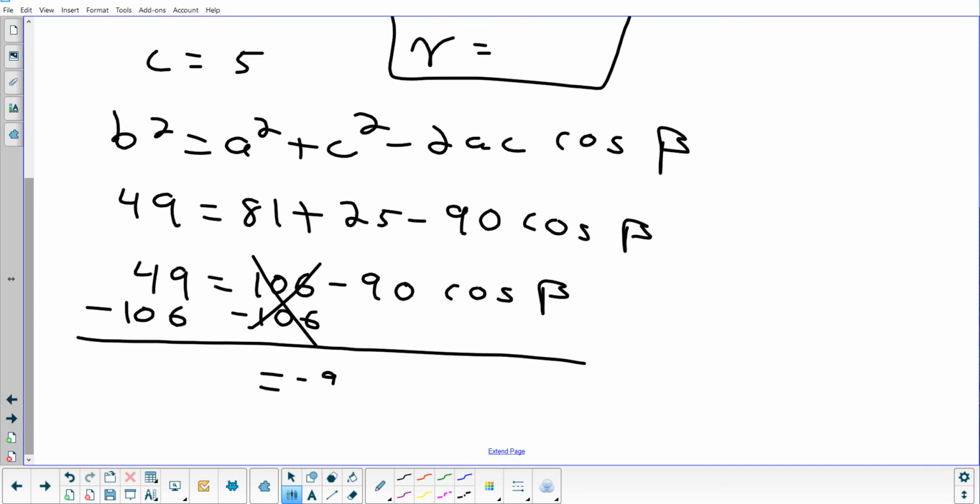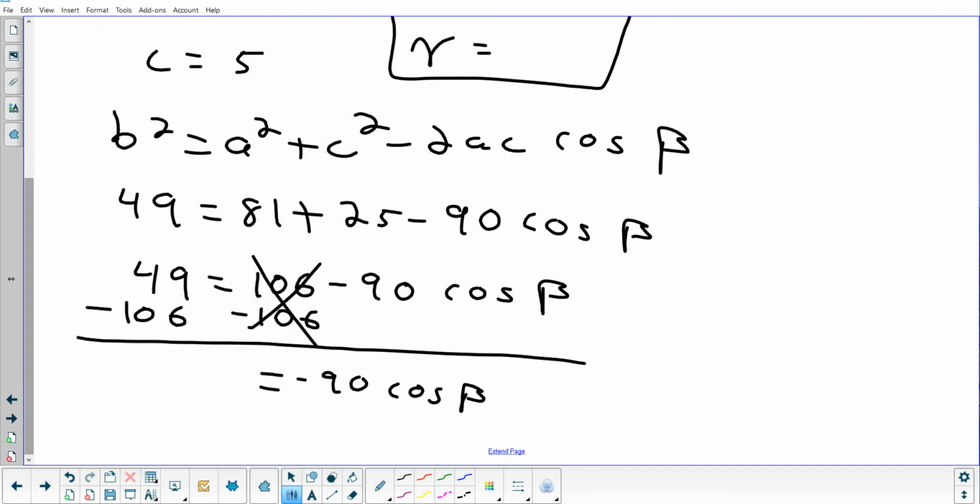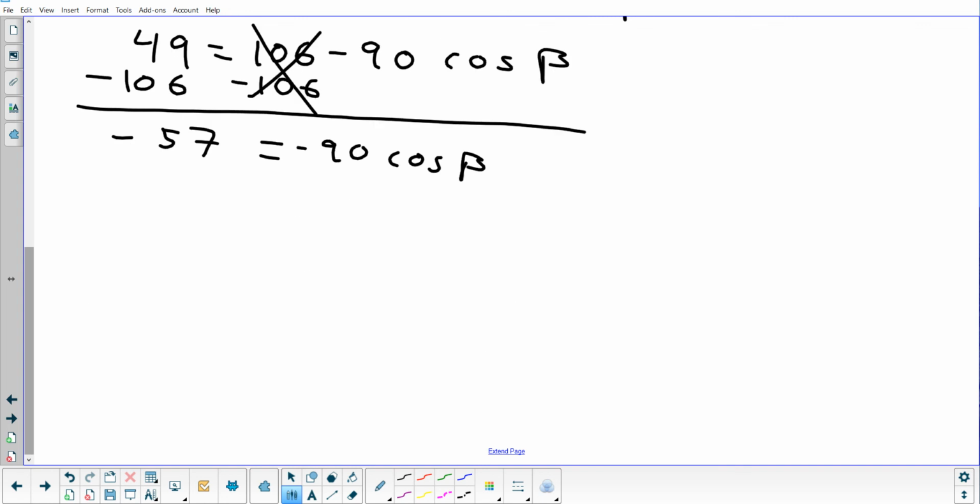So we'll do that out. So we got 49 minus 106, which gives me negative 57. And Casey, what's my next step? Yep, good. Divide by negative 90.